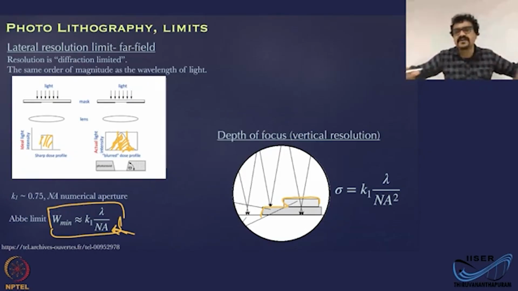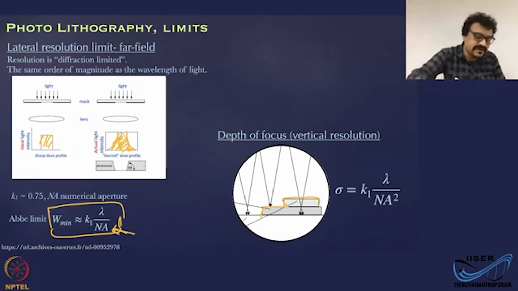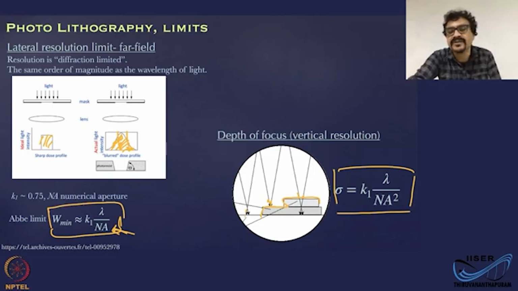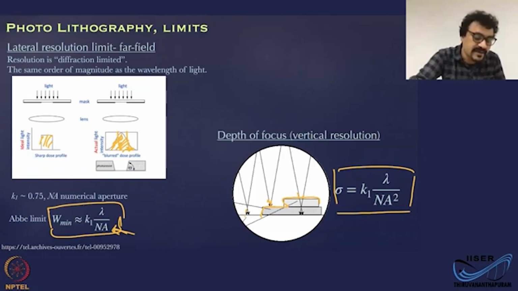The depth of focus is given by this formula, where it is completely focused here, over focused here and under focused here. So this depth of focus sigma also depends upon the wavelength and the numerical aperture.